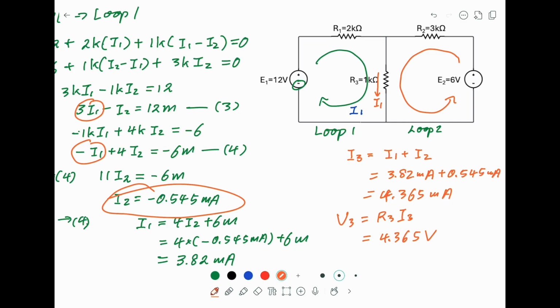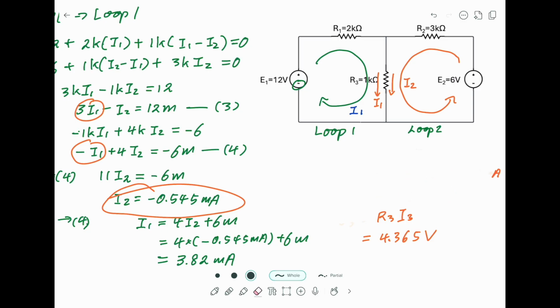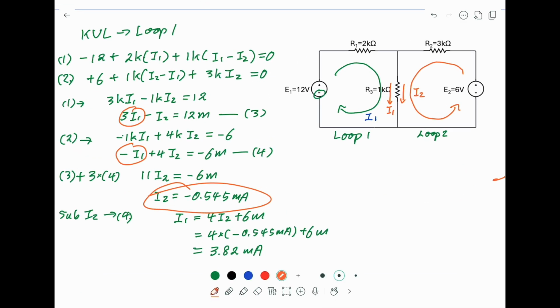So if we already assume an anti-clockwise, I2 here is already down, so our equation will be slightly different, and in particular, the equation passing through R3. So I can write it down, and I will let you solve this equation, and to prove you will get the same answer. For loop 1, I will do the same thing.